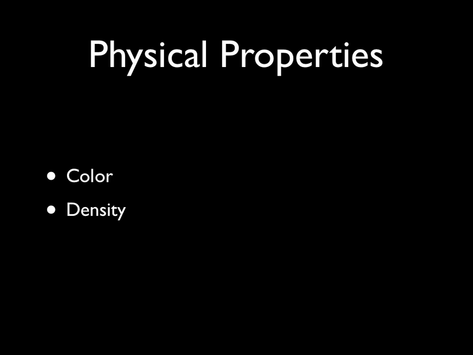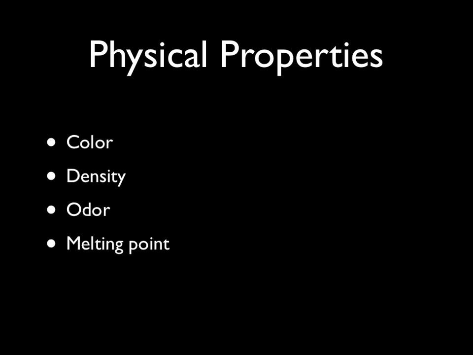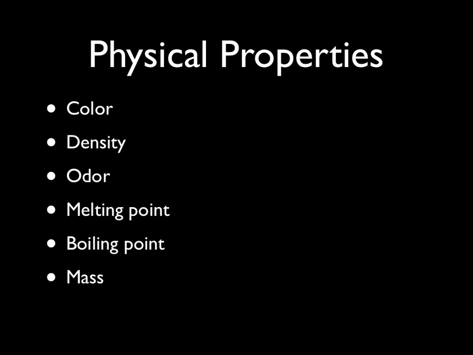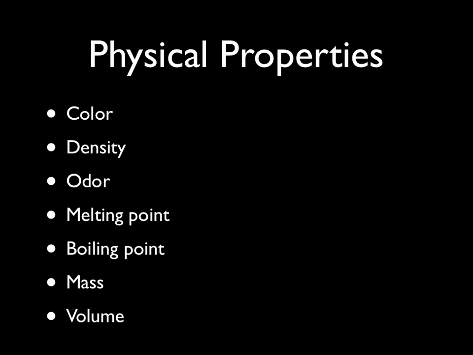Density. Odor. Melting point. Boiling point. Mass. Volume. So all these are examples of physical properties. They are not the only physical properties, but they are certainly physical properties that you should know and you should be familiar with in this class.